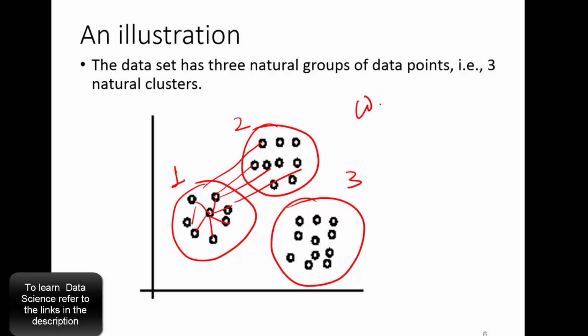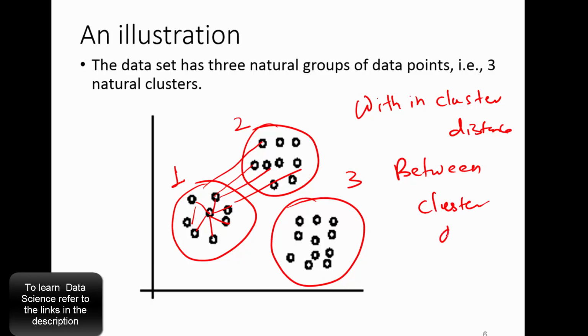So what we are interested in is within cluster distance and between cluster distance. That means within the cluster, the distance should be as small as possible, whereas between clusters, the distance between the points, the members of those clusters, should be very high.